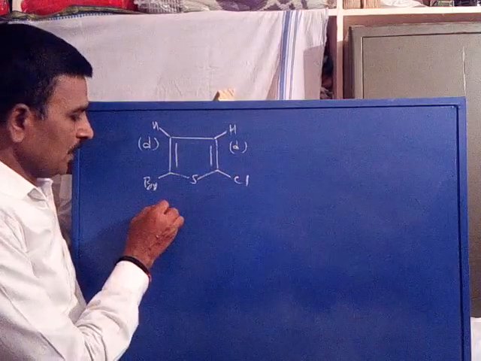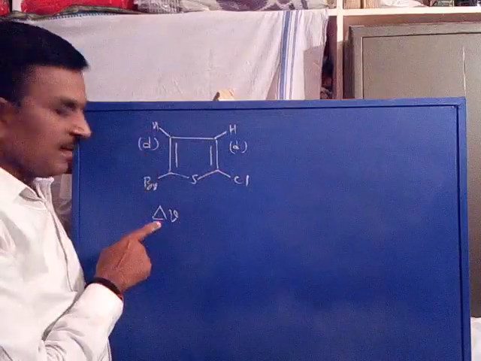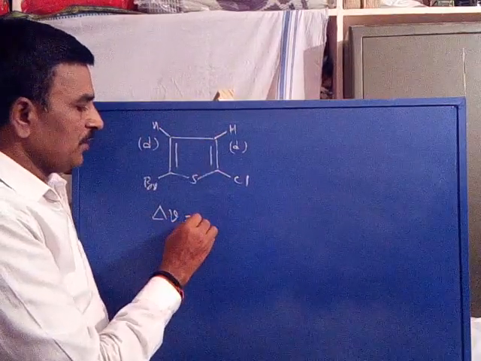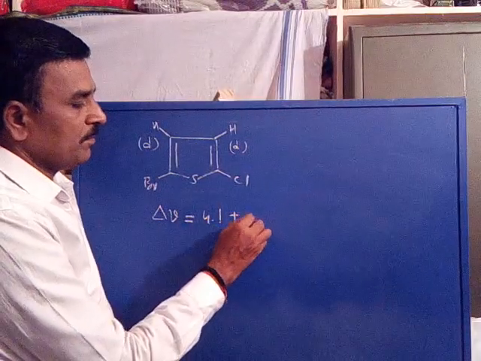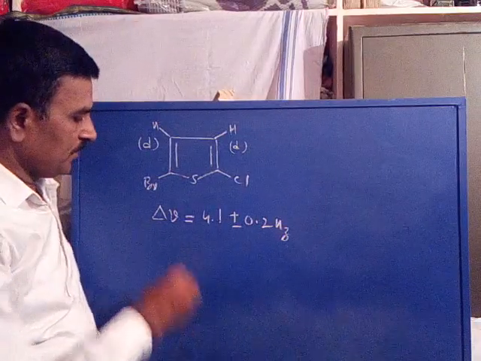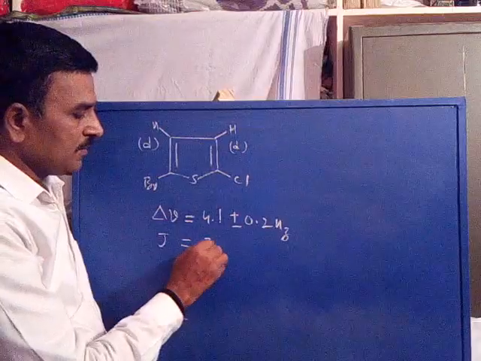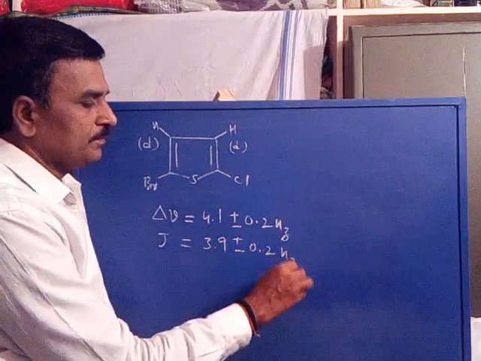Now the frequency difference between these two protons, the signal difference delta nu, is equal to 4.1 plus or minus 0.2 Hz. Similarly, the J value of the doublet signal is 3.9, plus or minus 0.2 Hz.